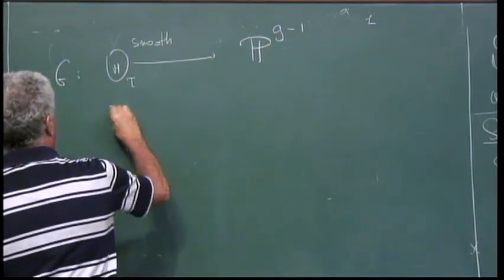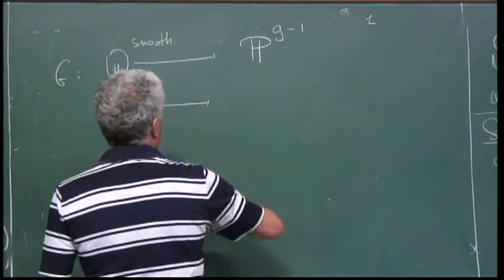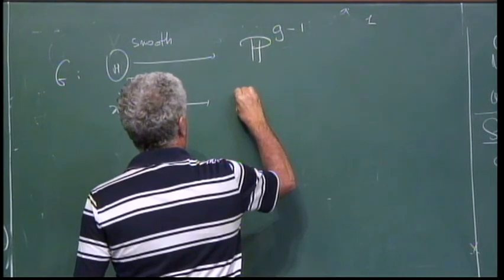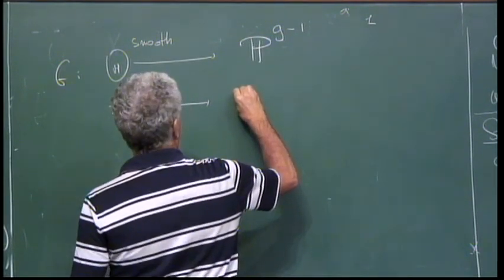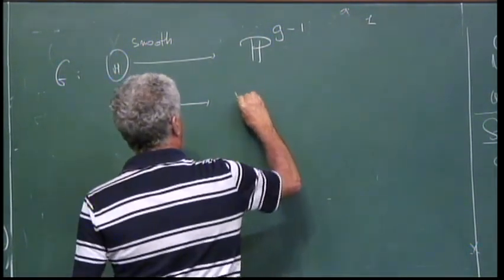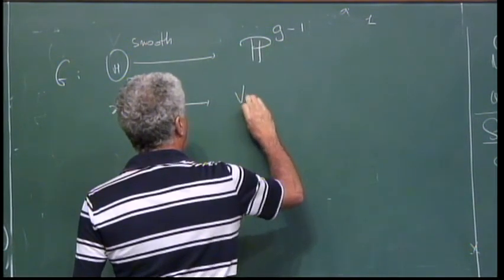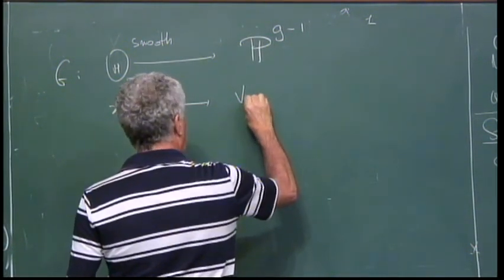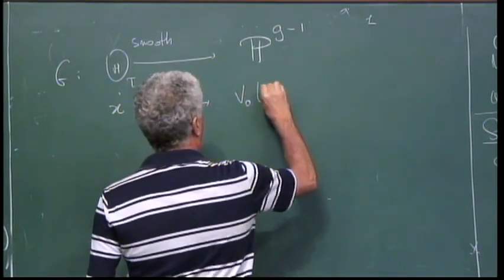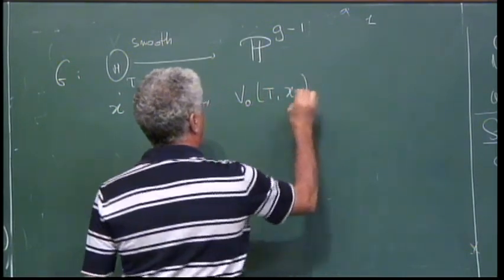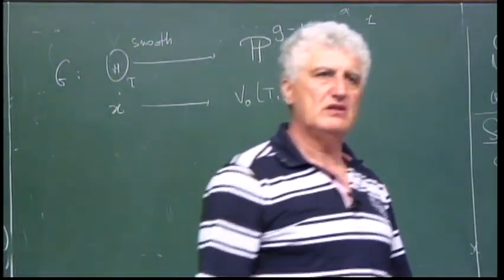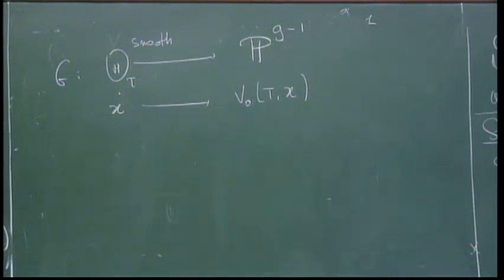I take a point x here and associate what I call nu_0 of tau of x: the gradient of the theta function evaluated at the point x, which is a smooth point of theta.